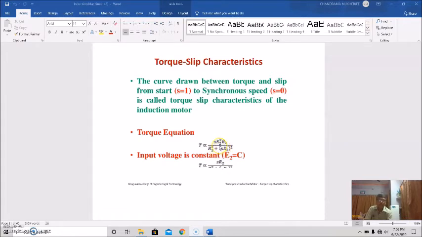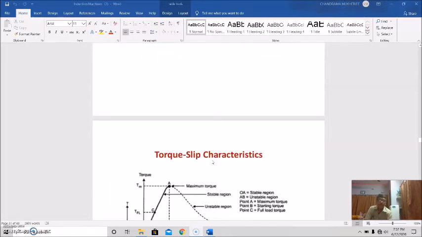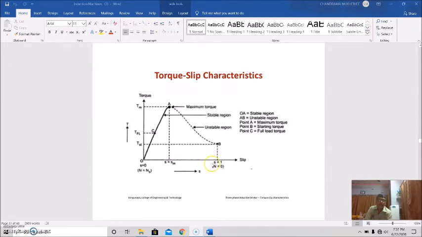As you know, E2 is the standstill rotor induced EMF, s is the slip, R2 is the rotor resistance per phase, and X2 is the rotor reactance per phase at standstill. If the input voltage is constant, then E2 is constant, so the torque is proportional to s R2 by this expression. From this we can draw the torque slip characteristics like this, for s from 0 to s equal to 1.